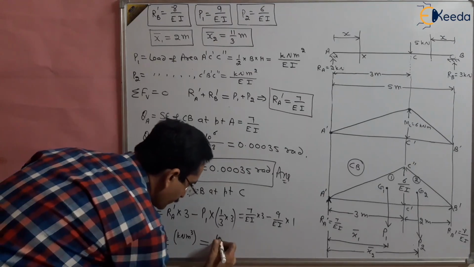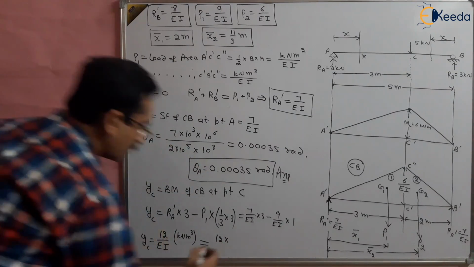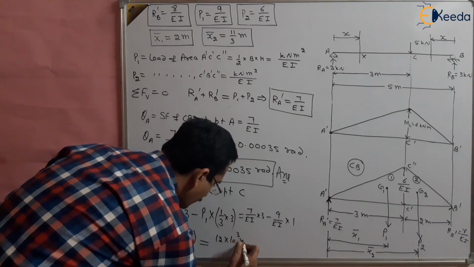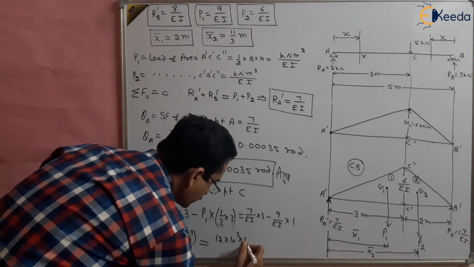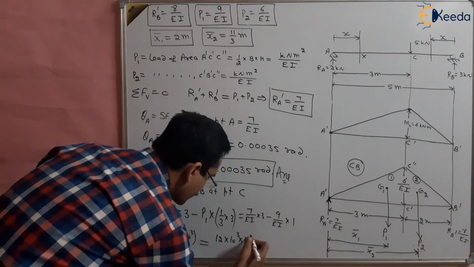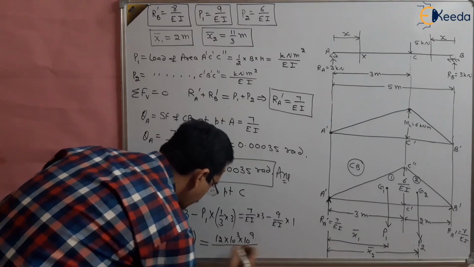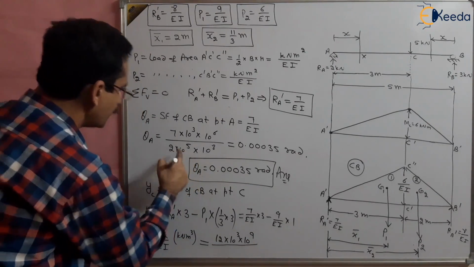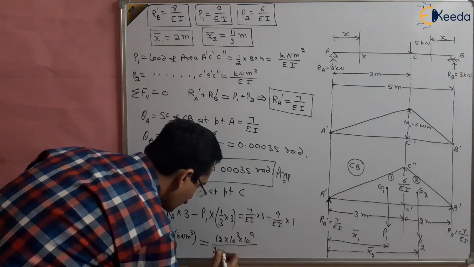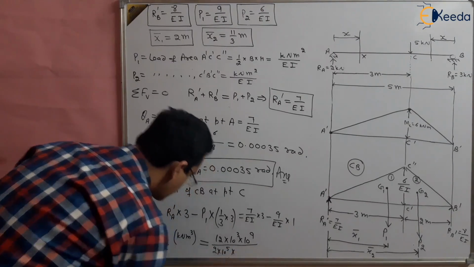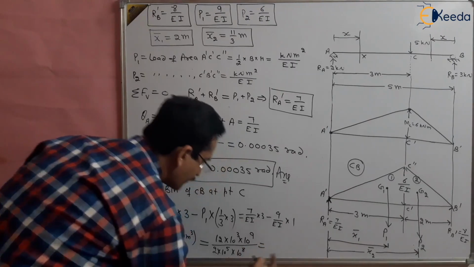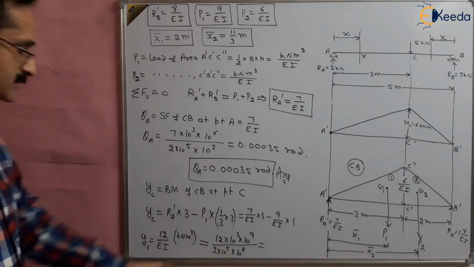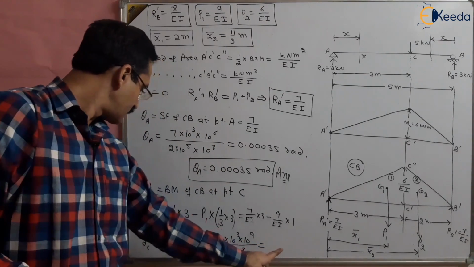So 12 multiplied by kilo, which is 10 power 3, multiplied by meter cube. If we convert it into millimeter, then this is 10 power 9 millimeter cube divided by E. E is given to us as 2 into 10 power 5 Newton per millimeter square, and this is 10 power 8 moment of inertia, and solving it you will get the deflection at point C in millimeter.